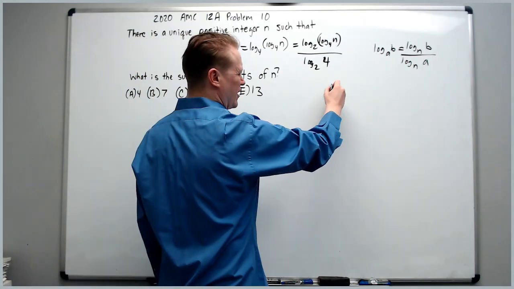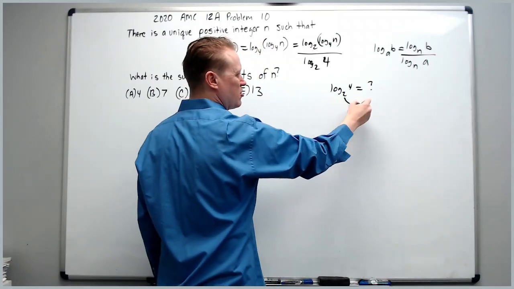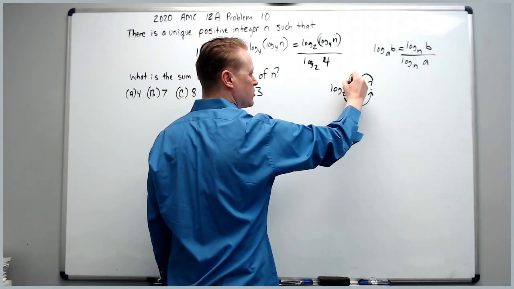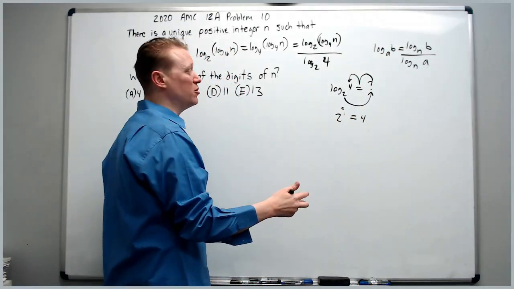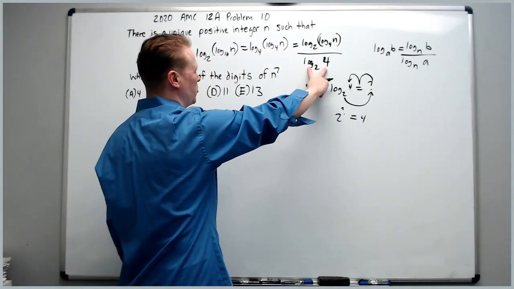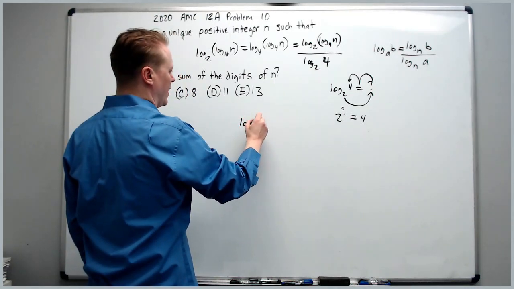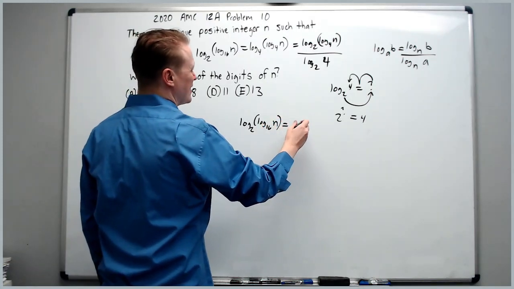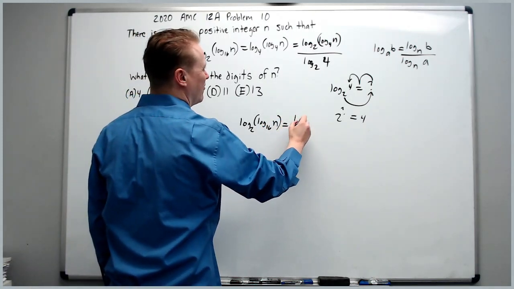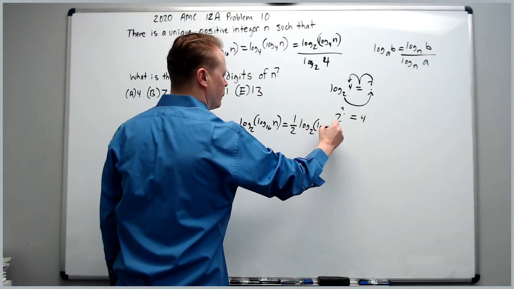If you forget how to calculate logs, log base 2 of 4 equals something. It's 2 to the something equals 4. It must be 2, and so therefore we can replace this with 2. So now we will have log base 2 of log base 16 of n is equal to 1/2 log base 2 of log base 4 of n.